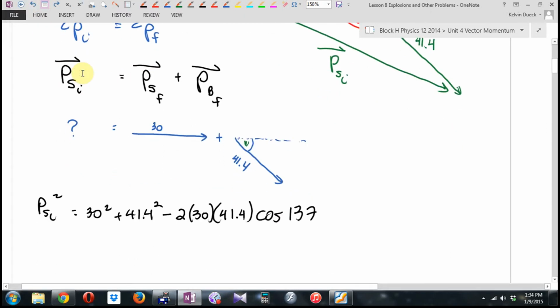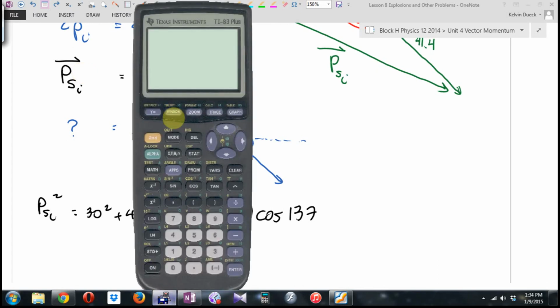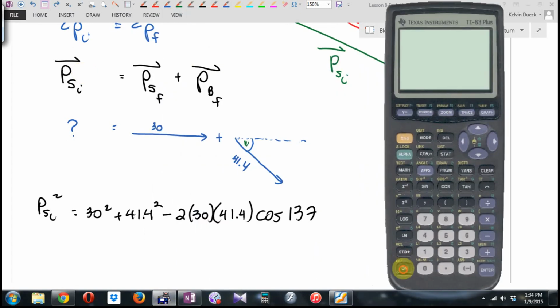I left you guys the whole half page, right, to get this done? Lots of room? Okay, good. On this line, at this stage, I like to go to my calculator and do this all in one fell swoop.